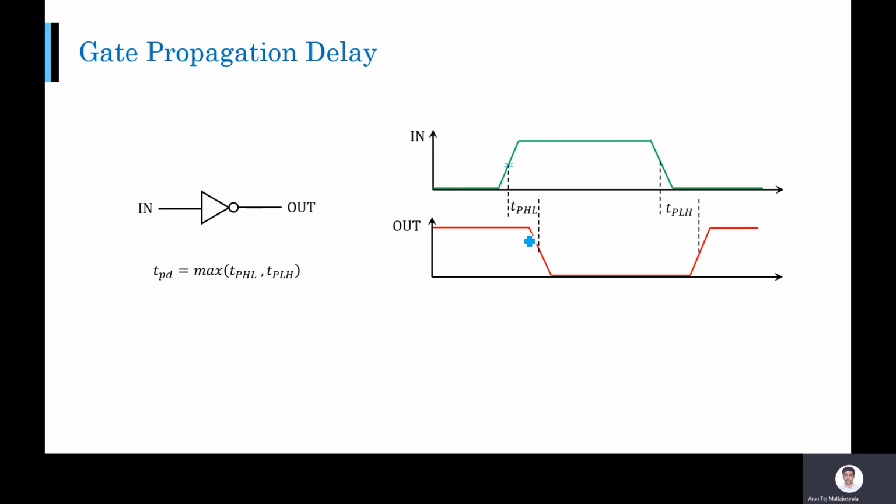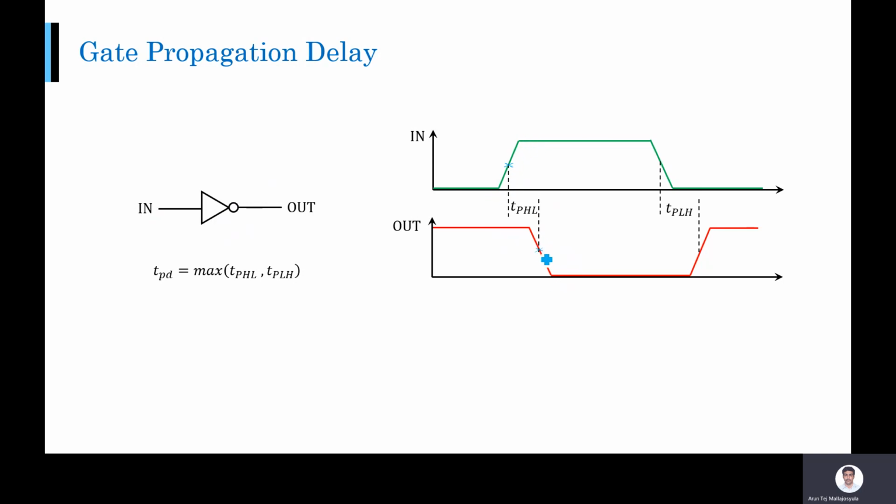These slopes need not be equal. The rate at which input is changing and the rate at which output is changing might have small differences, but let us not get bothered about those finer details. It is an inverter, so when your input is going high, output has to go low. So at some point, it will start going from high to low when the input is going from low to high.